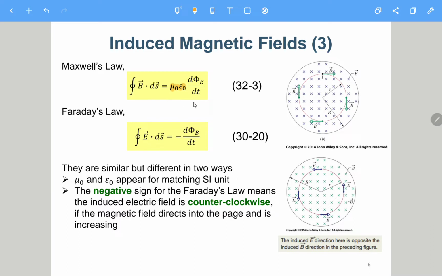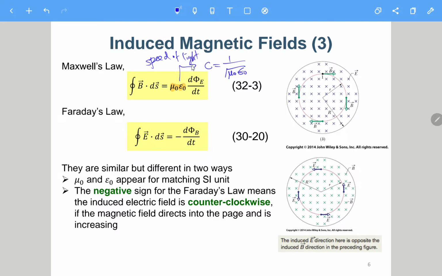And in the next chapter, I can just let you know here, these two constants multiplied together give a very important constant, or I can write it as c equals 1 over square root of mu naught epsilon naught. So this c is so-called the speed of light.